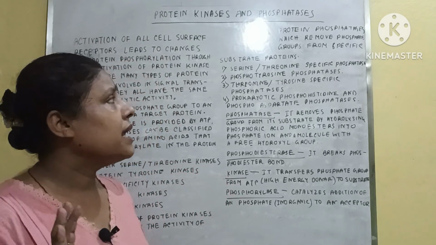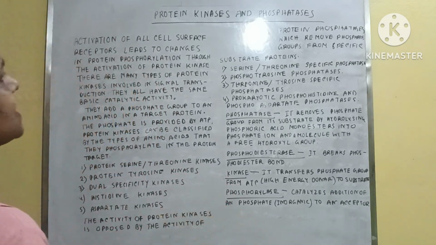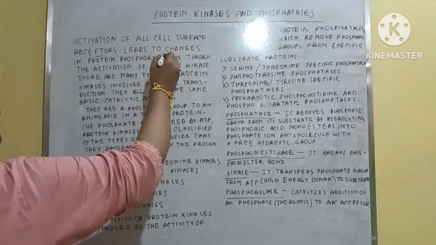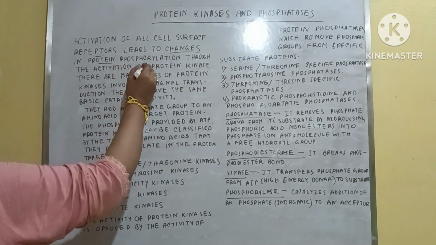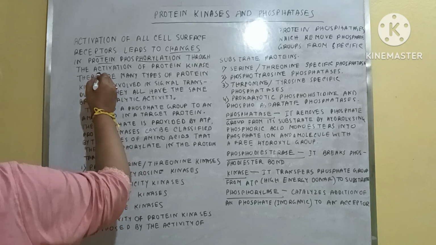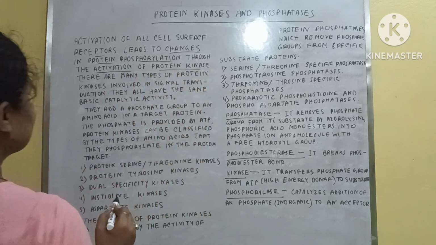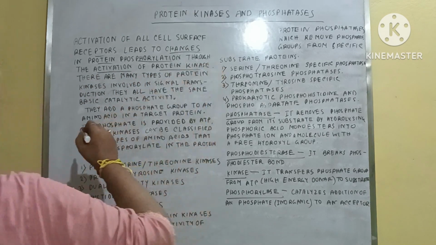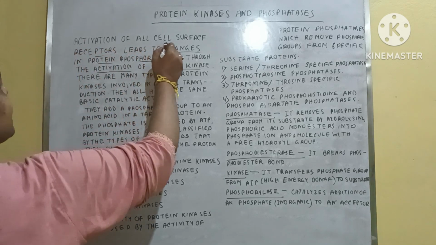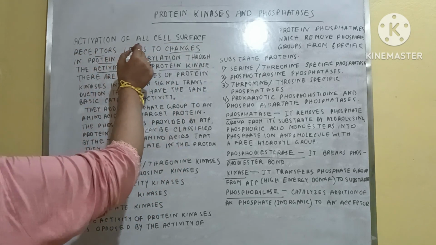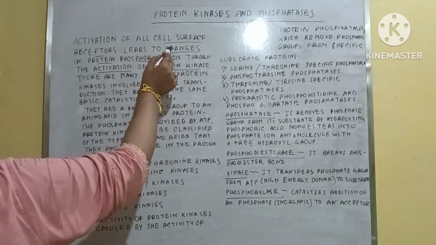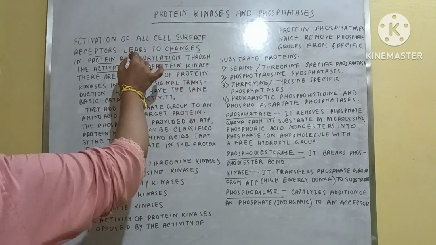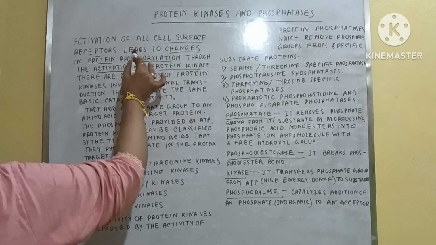So here this is the protein kinases and the phosphatases, and the activation. What it is saying is that the activation of all cell surface receptors leads to changes in protein phosphorylation through the activation of protein kinase. When the cell surface receptors become activated, that leads to changes in protein phosphorylation.